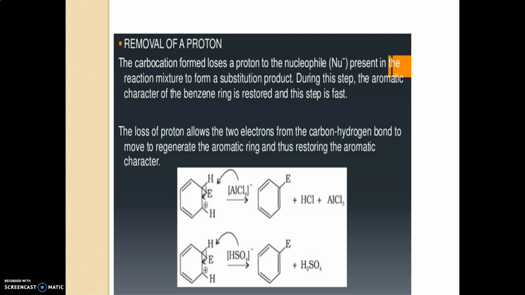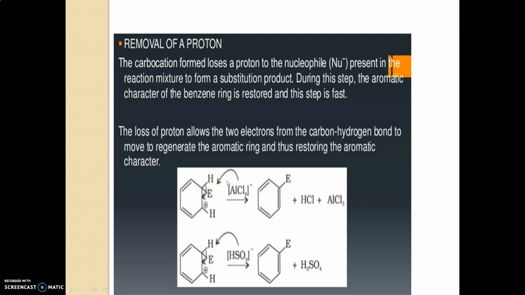Then comes the removal of a proton. If we check the compound, the valency of carbon is 4, but here it is more than 4. So this hydrogen has to be removed, otherwise it is unstable.